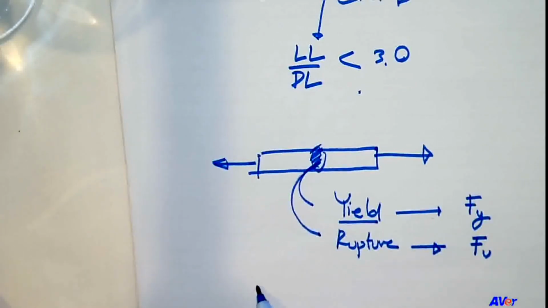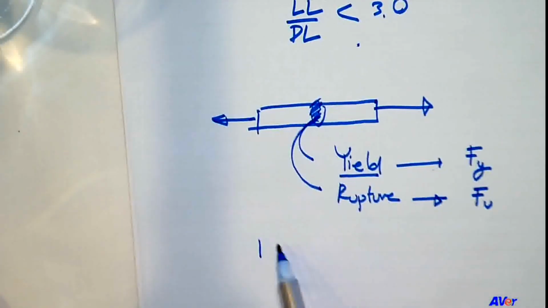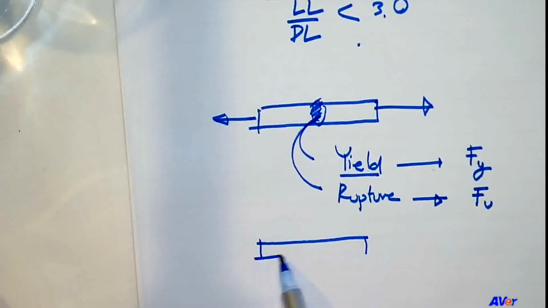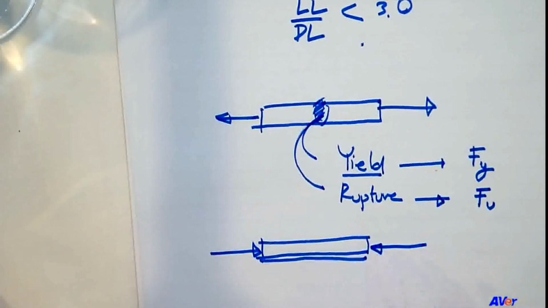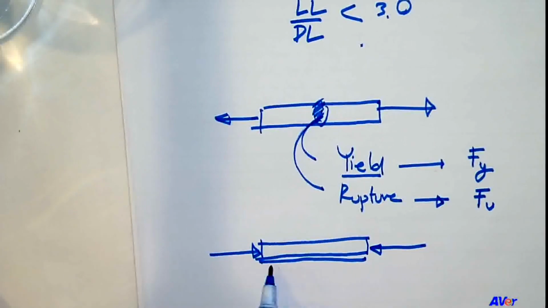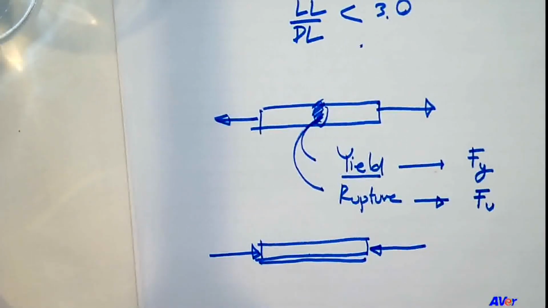Anyway, now if I do the same again, but this time, as you may know, I apply compression. I can just keep pushing and pushing and pushing. If this rod is short, I can get to the point where the stress can be equal to yield strength.